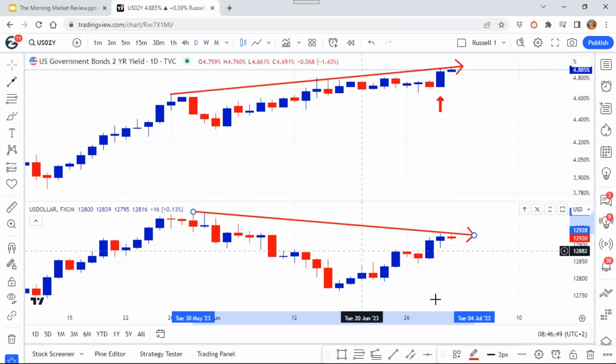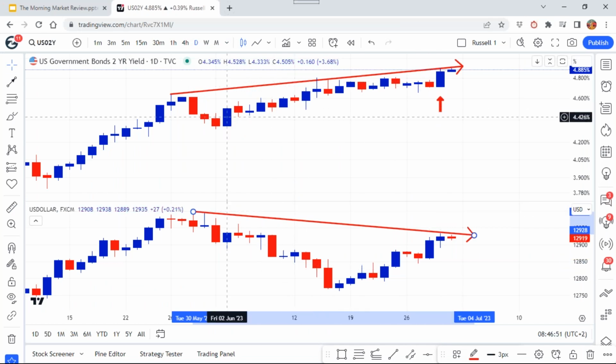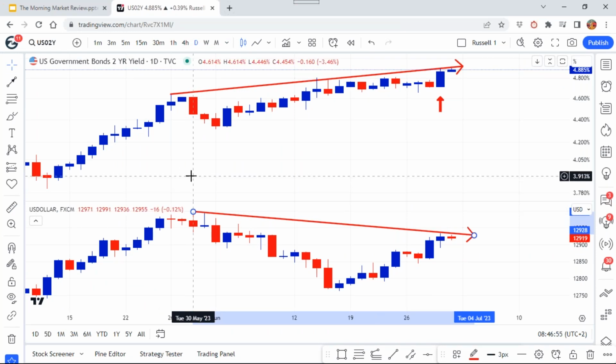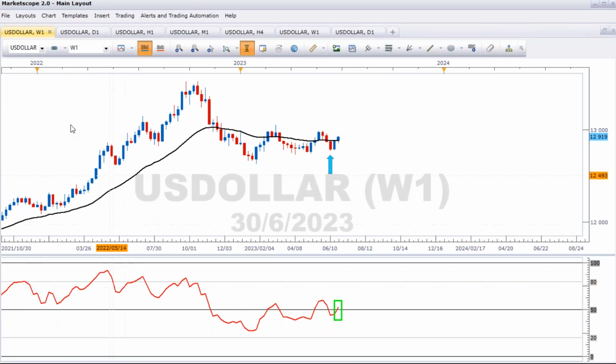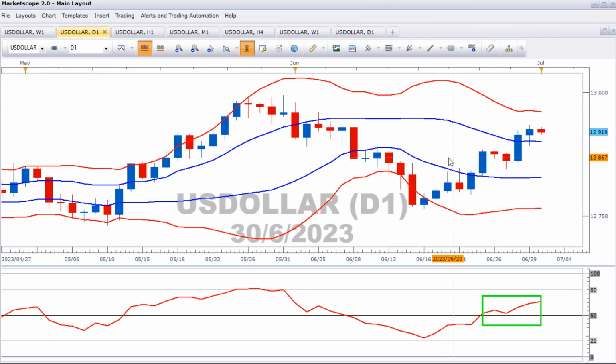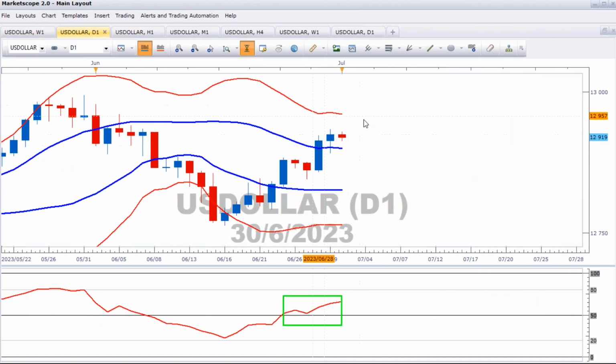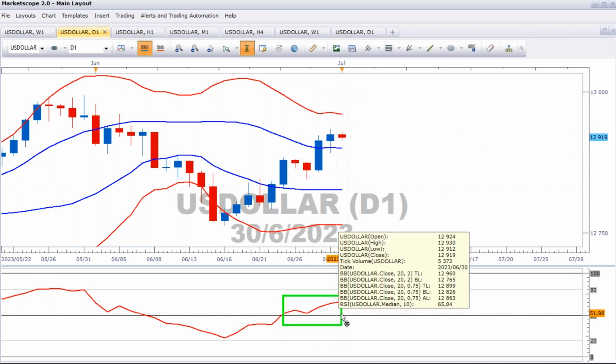Effectively, US dollar playing catch up with yields, because they decoupled since the end of May, and we want to see if they're reattaching themselves. So it's going to be an interesting exercise. If we go down to the daily chart here, you can see that the dollar's moved into zone 1, which is in the upper blue, upper red, so that's the bullish area.